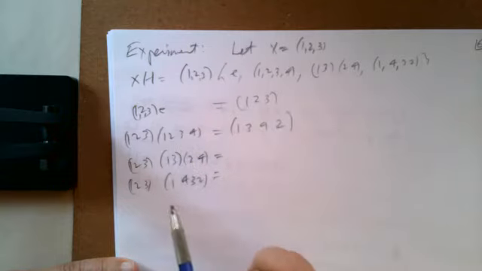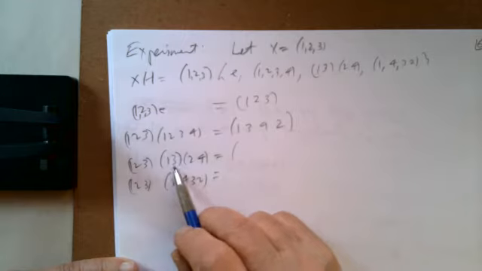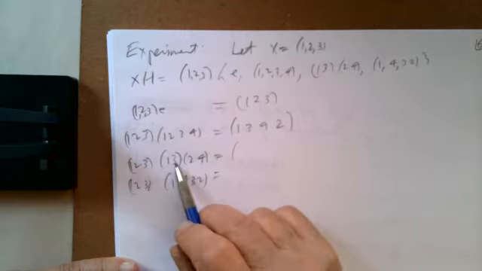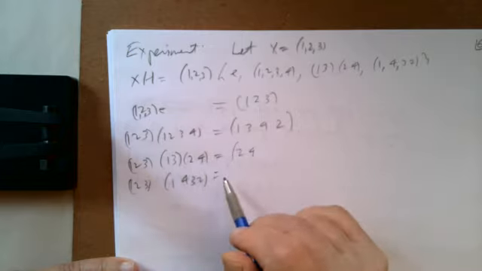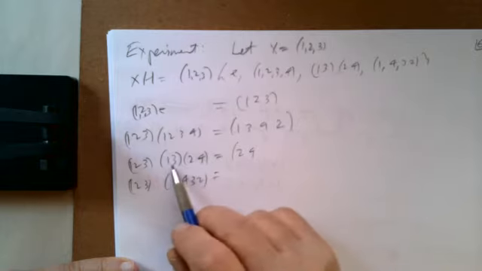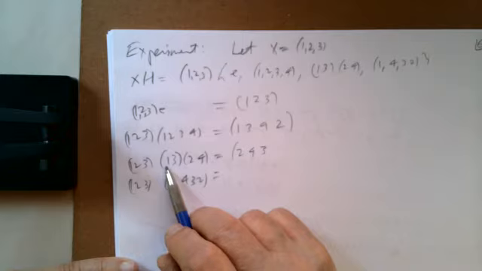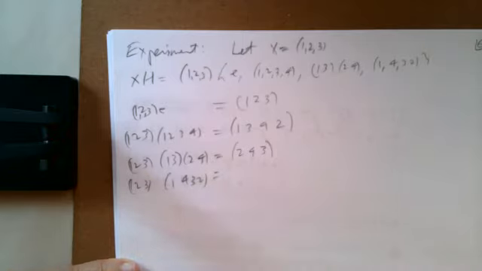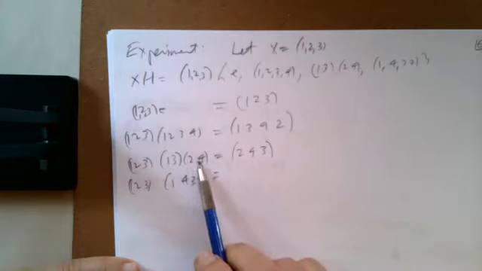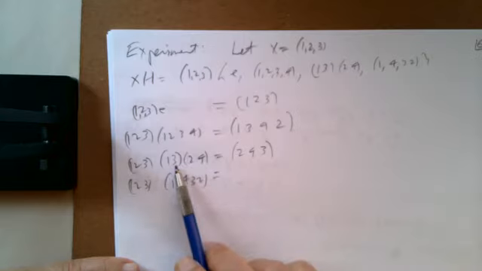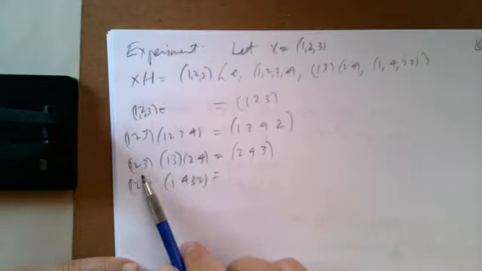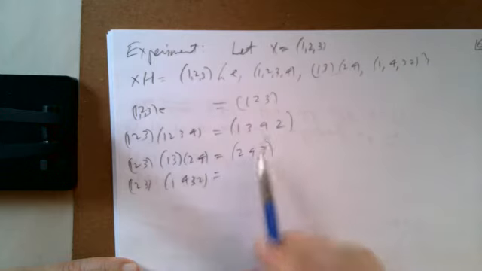So this is the cycle (1 3 4 2). This sends 1 to 3 back to 1, 2 to 4, 4 to 2 to 3, 3 to 1 to 2. So this is the 3-cycle (2 4 3).